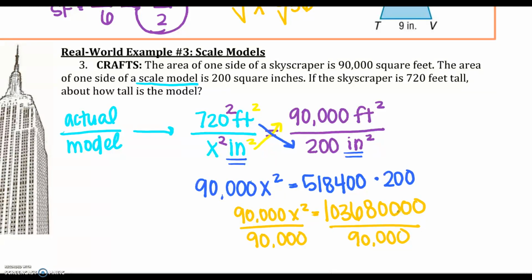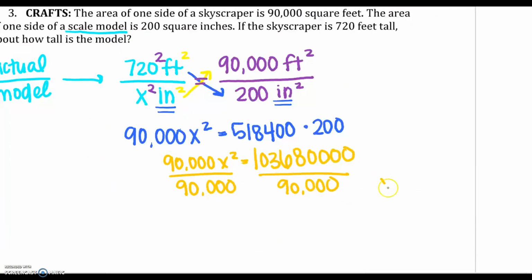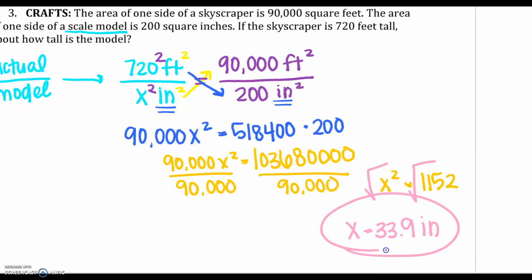So I get x squared is equal to 1152. Then I'm going to square root both sides. So my x is 33.9 inches.